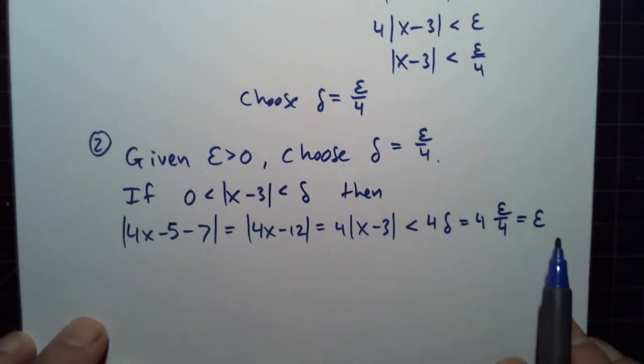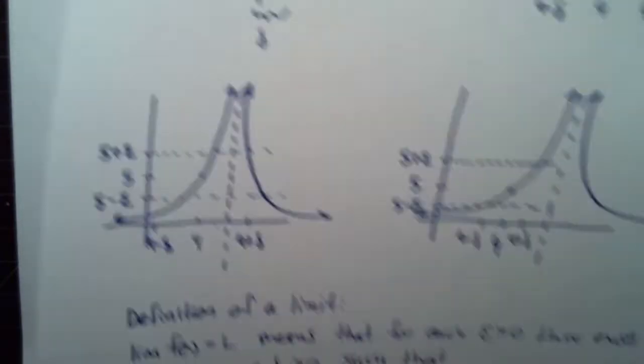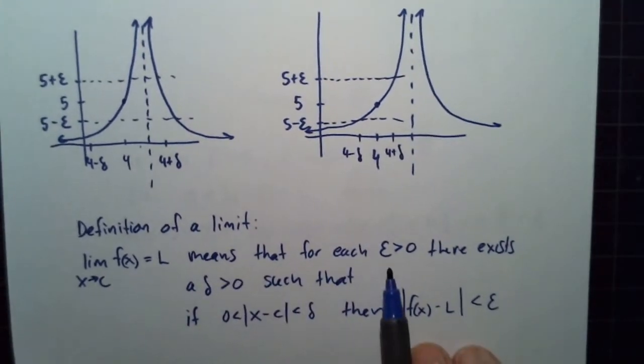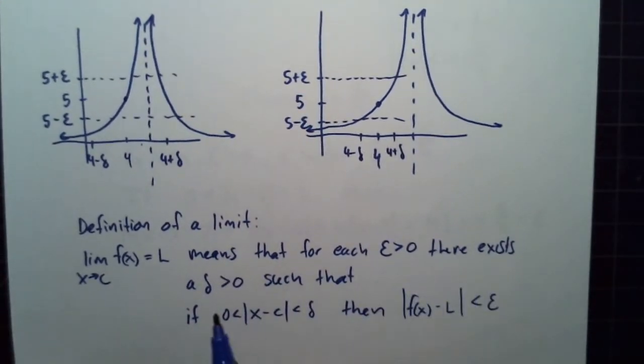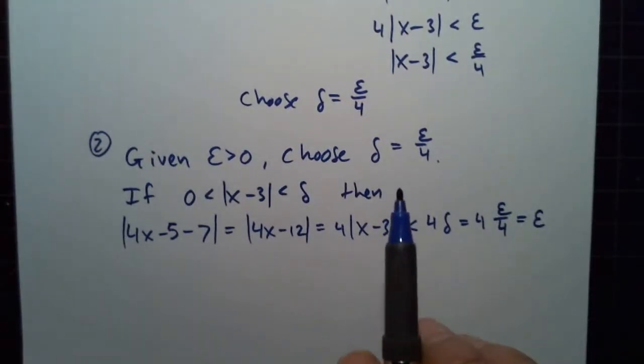And that was what we looked at over here. For each epsilon greater than 0, there exists delta such that, and we have to show that for the delta that we choose, this is true: |f(x) - L| is less than epsilon, and then that's what we've shown here.